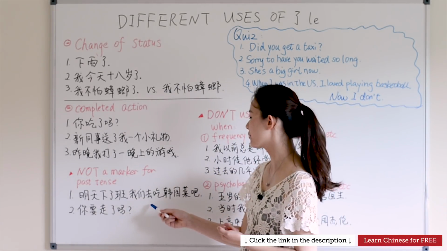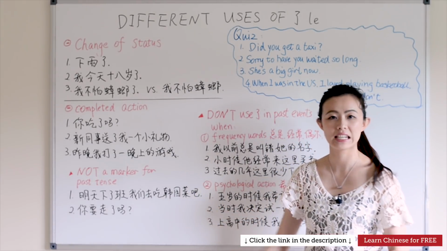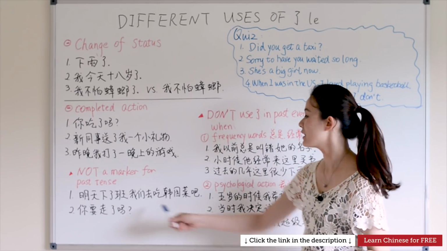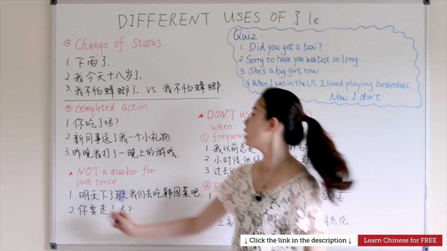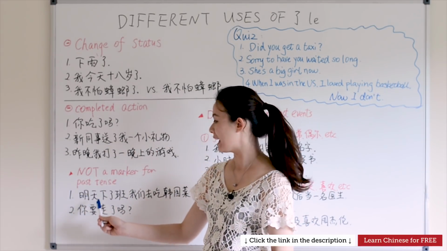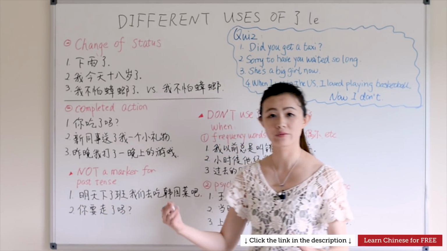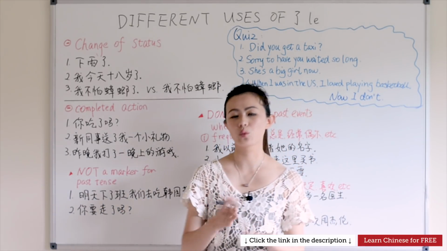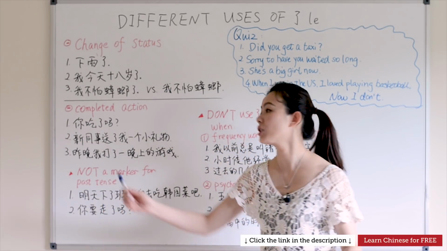So let's go have Korean food. And 吧 at the end of the sentence indicates a suggestion. Let's go eat Korean food. And when? 明天 tomorrow. And 下了班 is a verb phrase meaning to get off work. 下了班, after we get off work tomorrow.